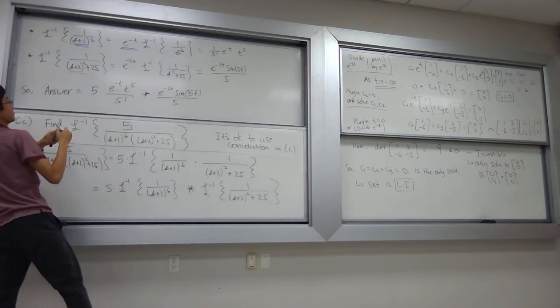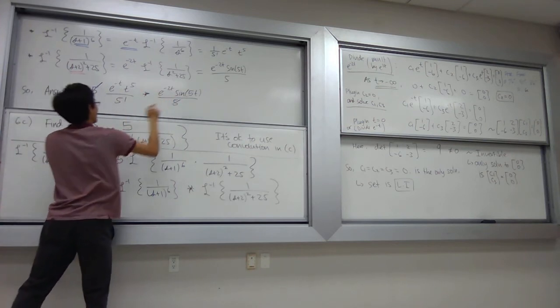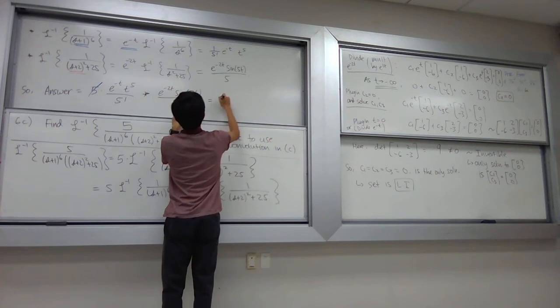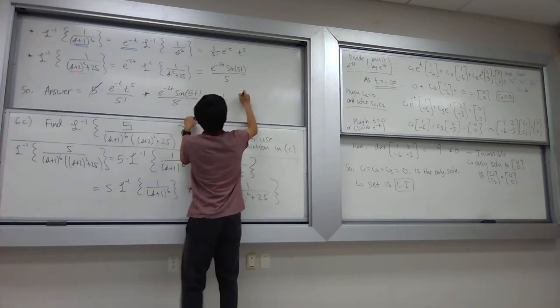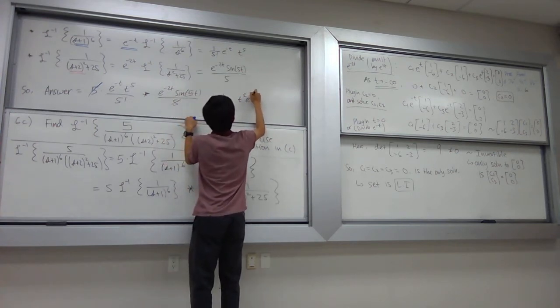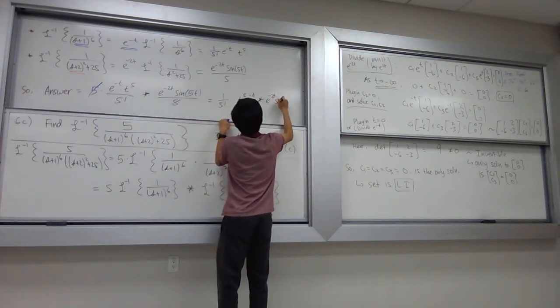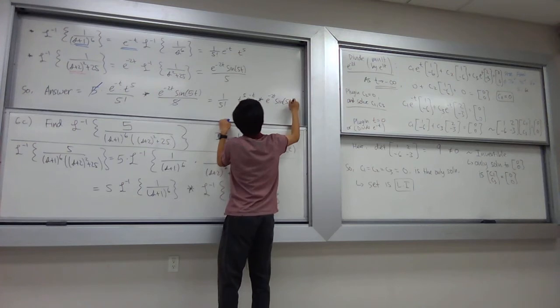The 5's cancel, but there's still 5 factorial remaining. So at the end of the day, you can simplify it to 1 over 5 factorial, t to the 5th e to the negative t, convolved with e to the negative 2t sine of 5t.